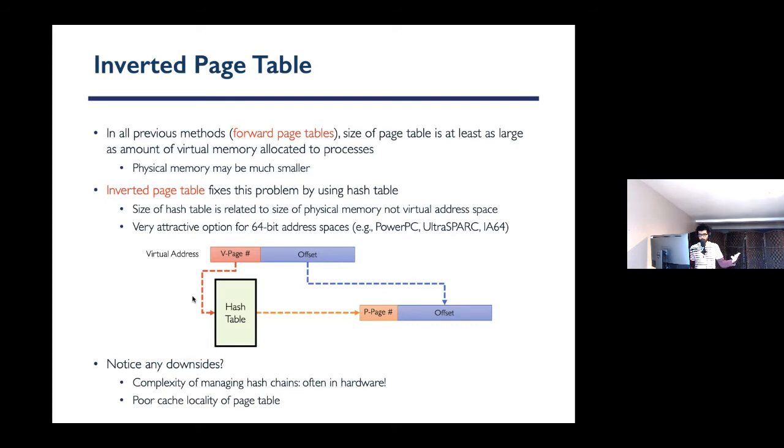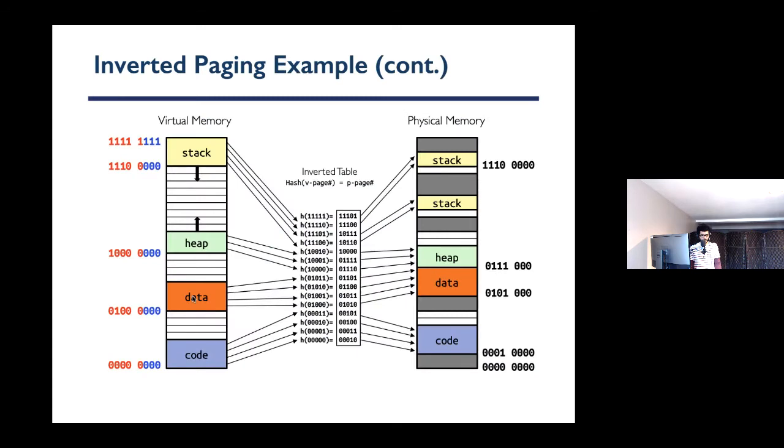It might be somewhere completely different. So when you are caching, you don't have much locality information anymore, because it's scattered all over your physical memory. So these are the two main pitfalls of inverted page tables.